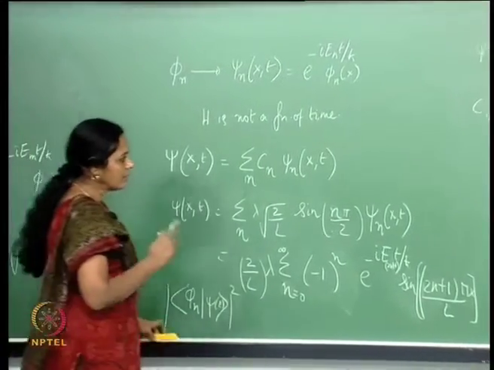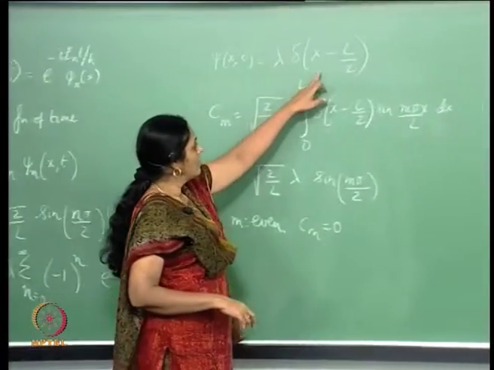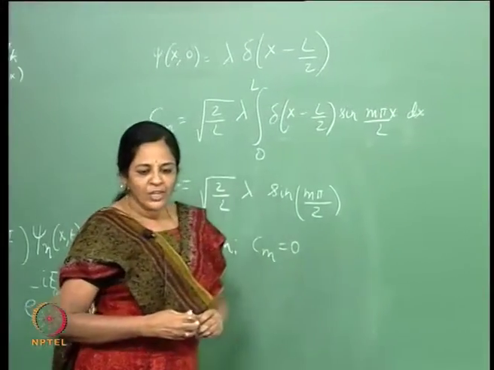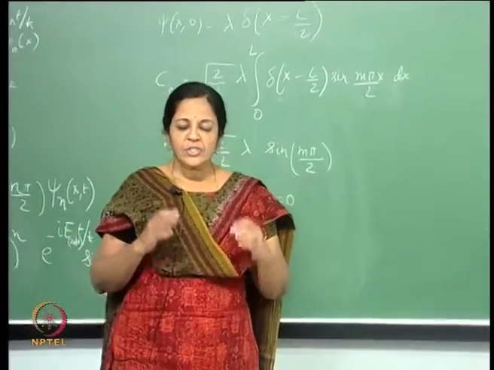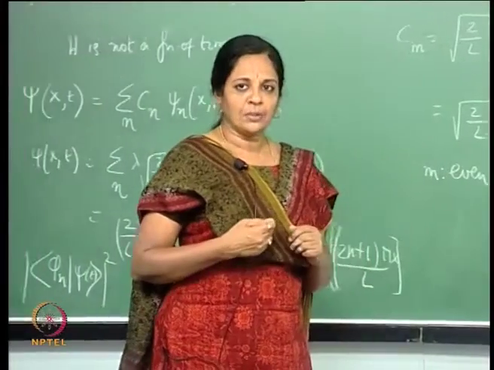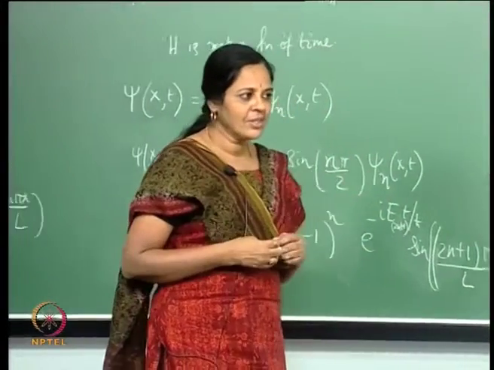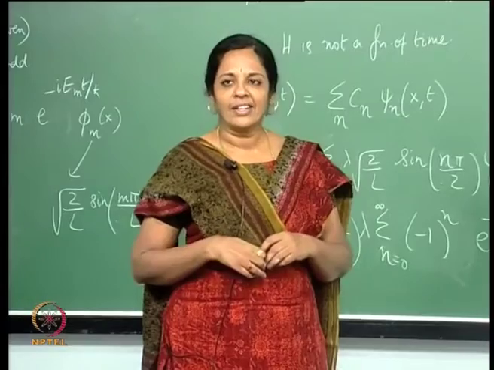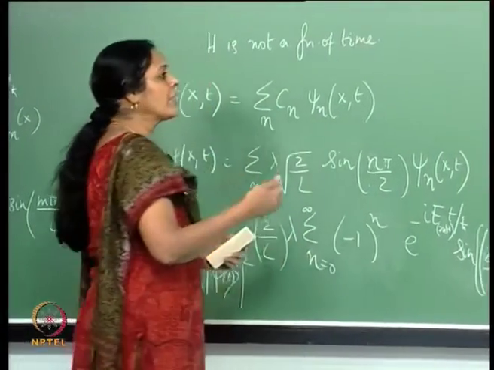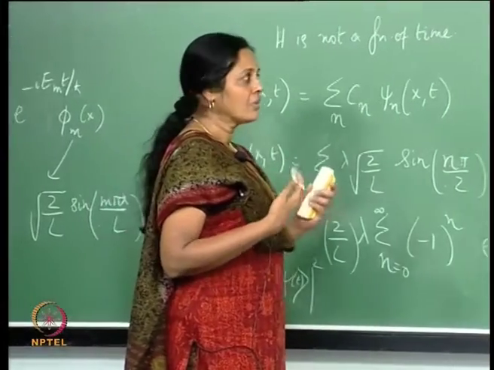And the reason for the problem was here. So, one way of handling this is to consider an initial state which is not so sharply peaked like a delta function, something which is tempered a little bit, and then perhaps we can go to the limit of the delta function.